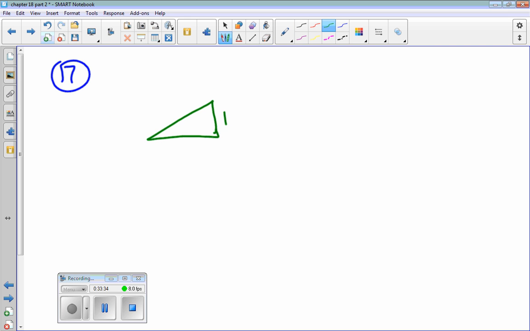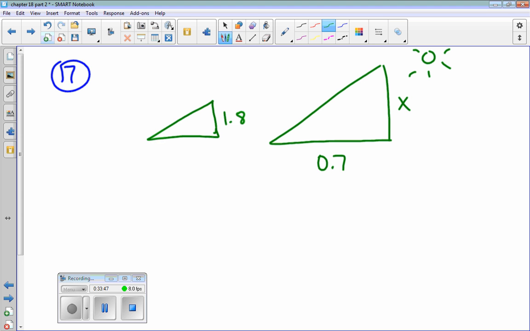So I have a 1.8 meter person, I have the Washington Monument, and here's my sun, whatever. We don't know how tall the monument is, but we know the shadow lengths. The person has a 0.7 meter shadow, and the monument has a 65.8 meter shadow.